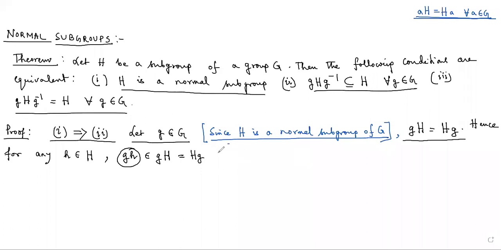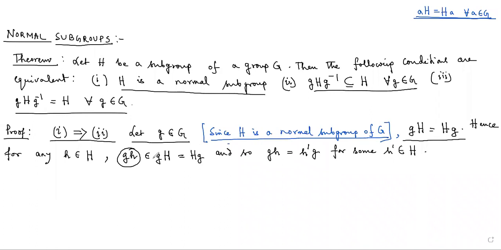And so the element gh can be expressed as h prime into g for some h prime belonging to capital H. Why is it so? Because we have seen that gh is belonging to the left coset gH, but left coset gH is equal to the right coset Hg.